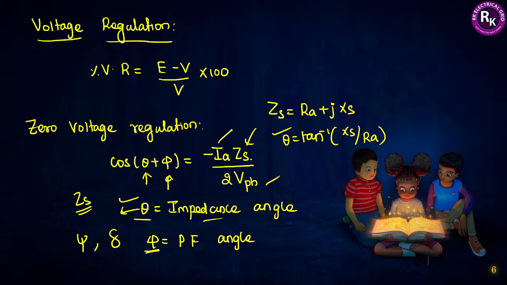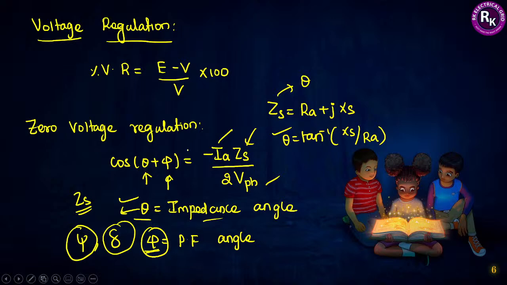One is the synchronous impedance, which alone offers an angle called theta, whereas the terminal voltage and armature current offer an angle called phi. Then the induced voltage and armature current offer an angle called psi. Between the induced voltage and terminal voltage we have an angle called the load angle delta. Understood? So you have to keep the relations between all these parameters.